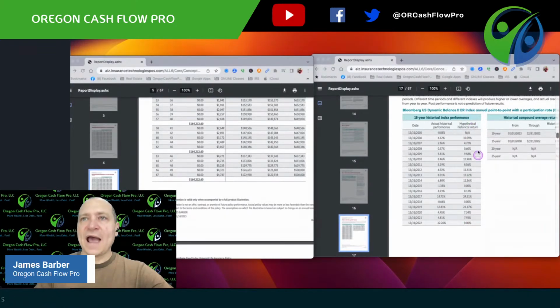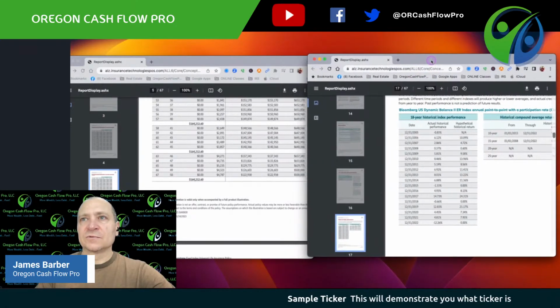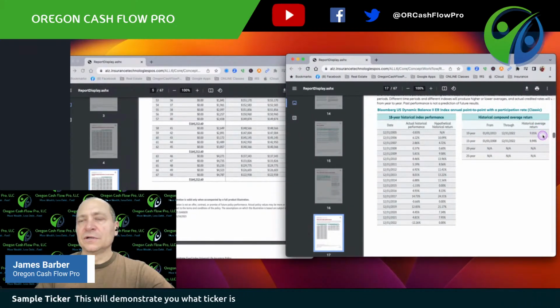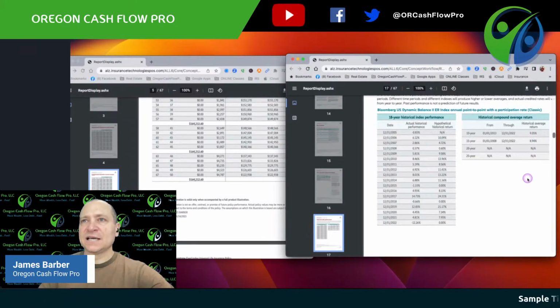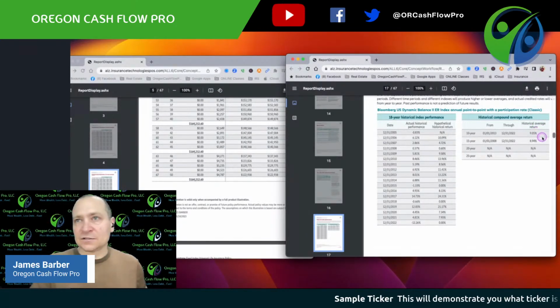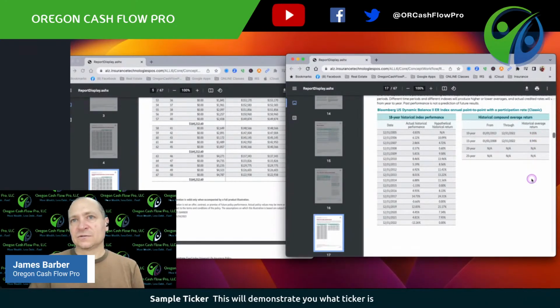And then you add your 0.9 bonus to that. Let me slide this over. Oh, wait a second. Let me just make this wider because we're cutting off a little bit of this. We can't see the total return. So here's the total return over the last 10 years and over the last 15. You add the 0.9 bonus to that to get the actual return. So that gets us up close to 10% over the last 10 years and slightly less than that over the last 15 years with the Bloomberg.